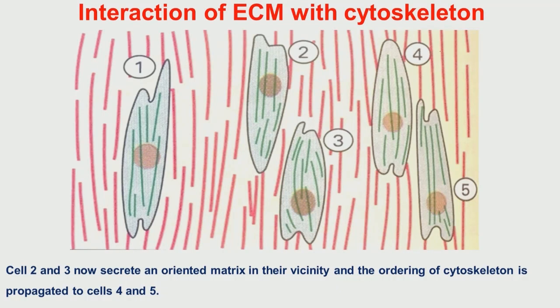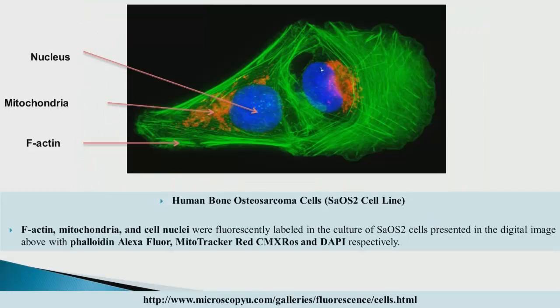Now all 5 cells, 1, 2, 3, 4, 5, are oriented perfectly with respect to the extracellular matrix, and that is what is mostly biologically desired, the scenario that would help the extracellular matrix provide sufficient structural support to all 5 cells together.